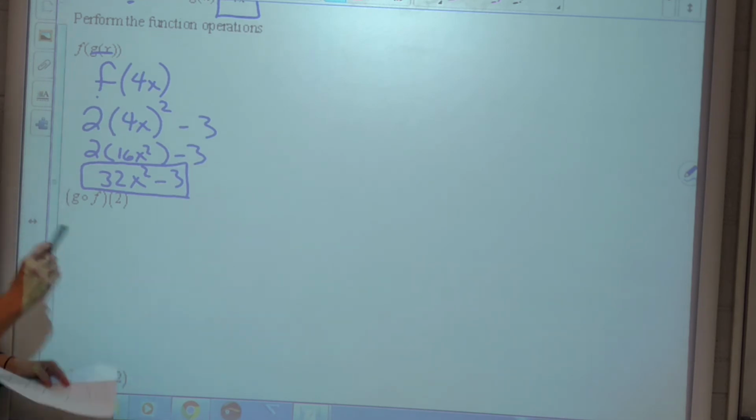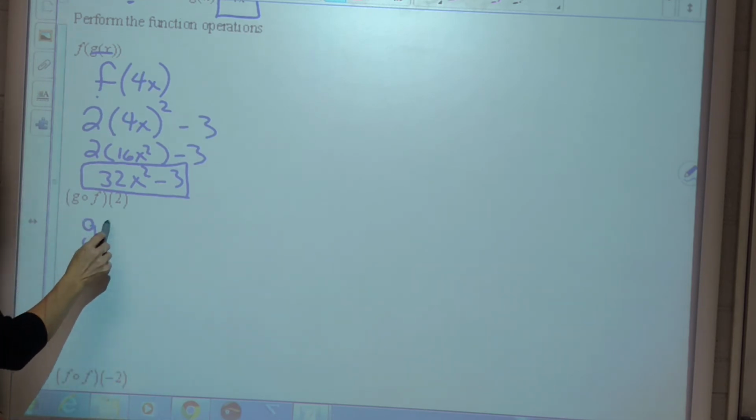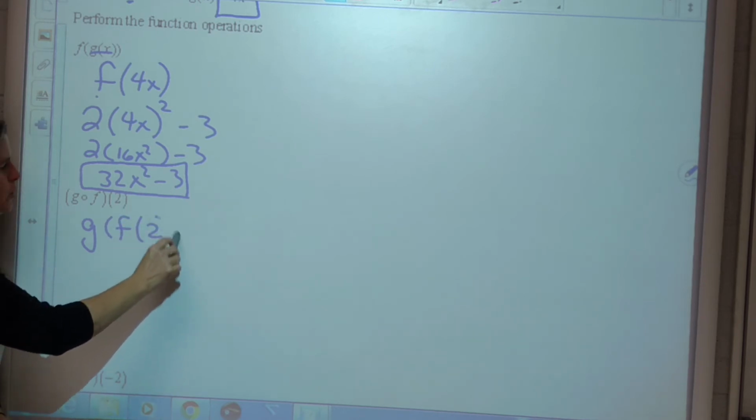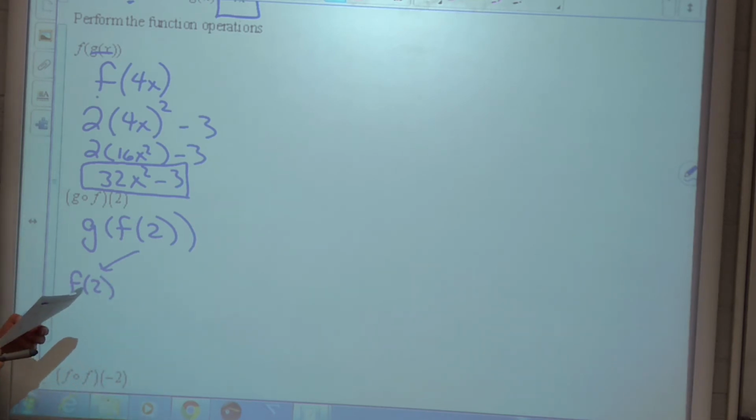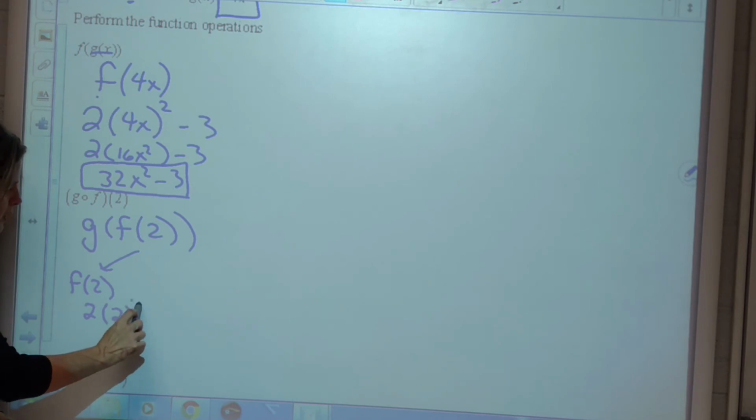On the bottom one, first thing I'm going to do is rewrite that to be g of f of 2. And since they gave me a number, I'm going to figure out what f of 2 is by plugging that in. So that winds up being 2 times 2 squared minus 3.